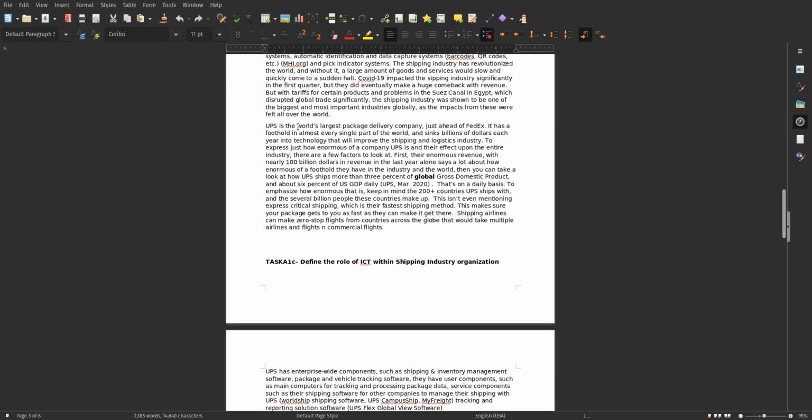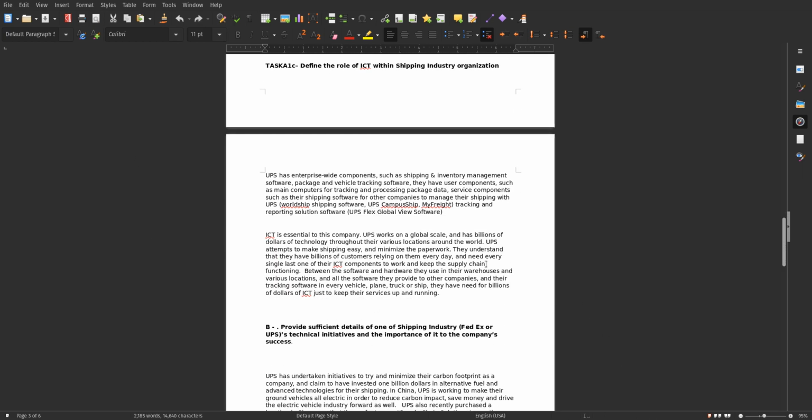So a flight from, say, an Asian country to Australia would take multiple stops normally for a commercial flight. But for shipping flights, one stop. And that is from destination to destination.